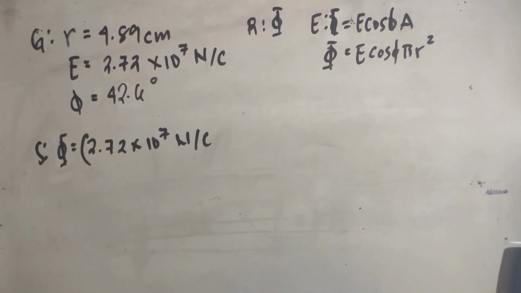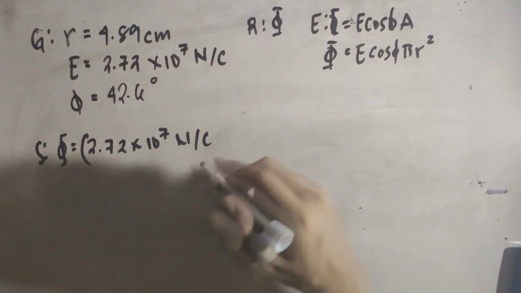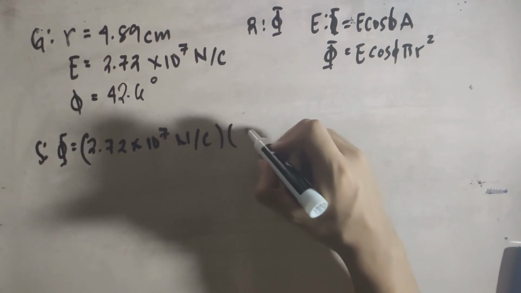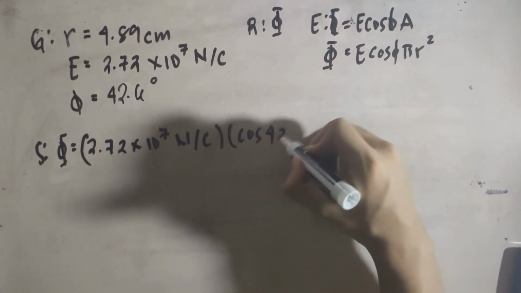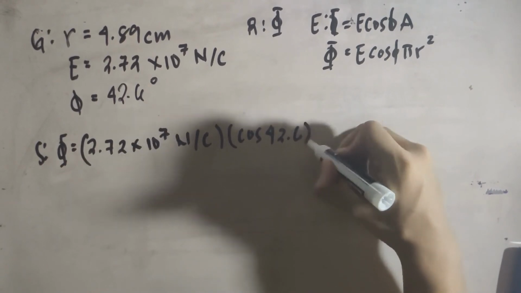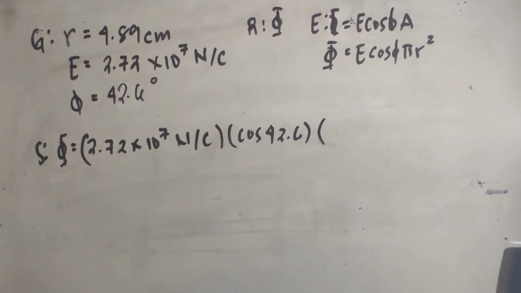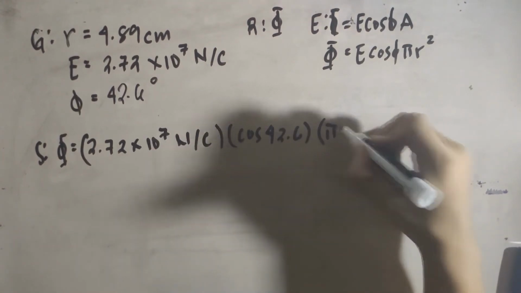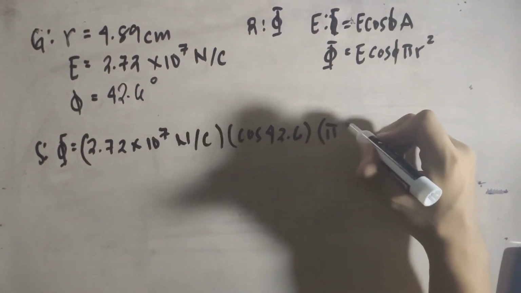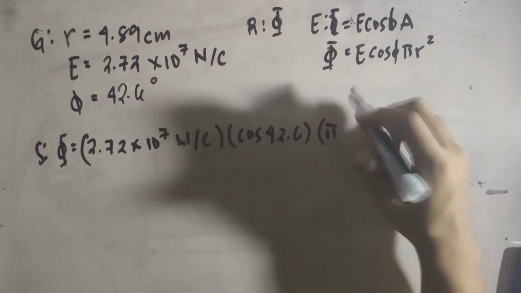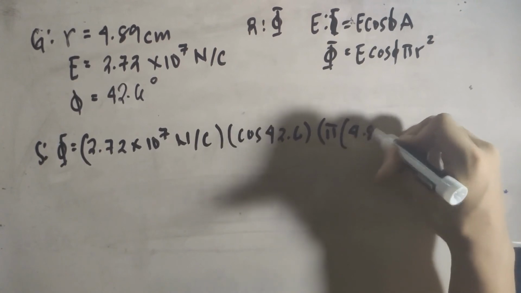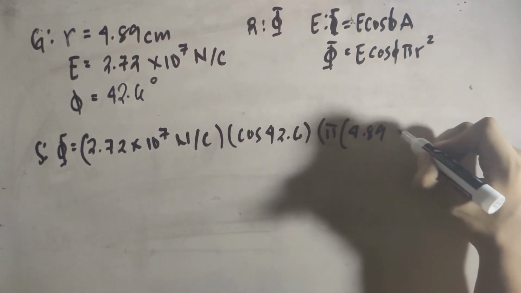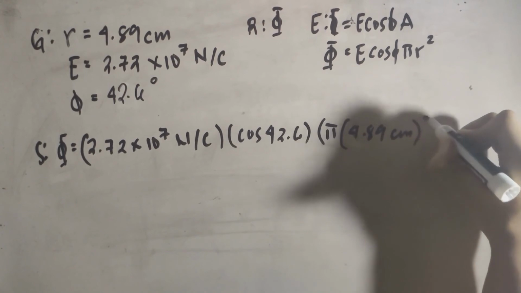Alright, so we have electric flux equal to the value of the electric field times the angle of the electric field, so that's cosine 42.6 times, so we have pi, then we have 4.89 cm squared.